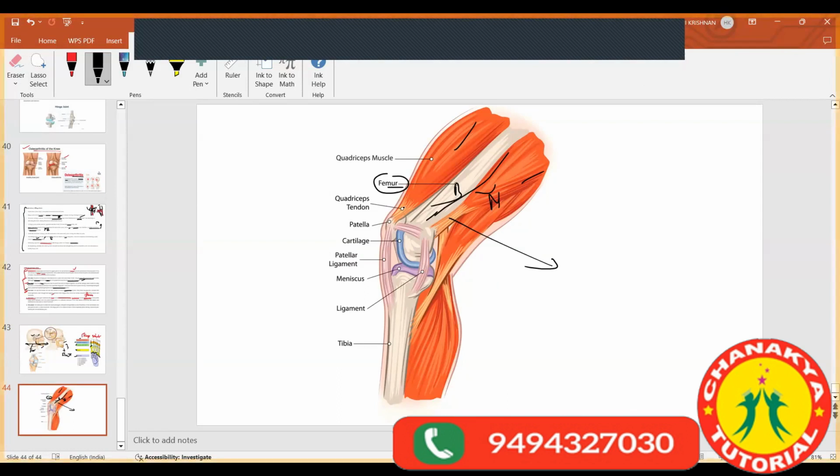See here, this is the tendon and muscle, this is the patella, this is cartilage. Cartilage acts as your protective shield. And this is a ligament connecting bone to bone. Tibia is the bone present below. Femur is present here and tibia is present down. The entire diagram should be very clear.